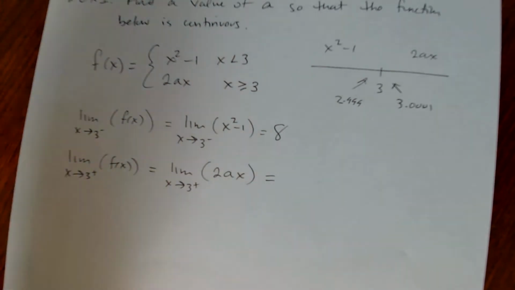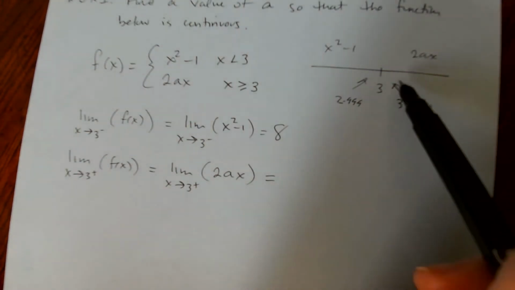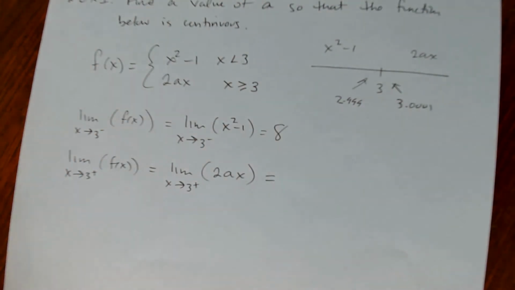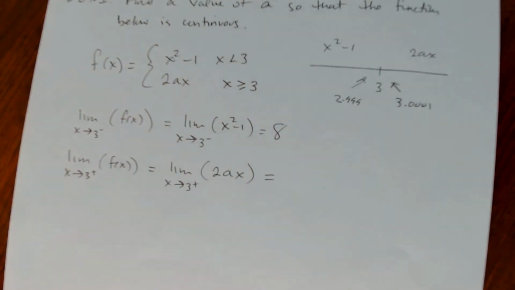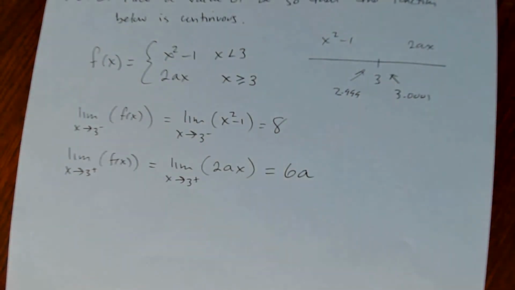Well, 2 times a times 3 is 6a. So 2 times a times about 3 is about 6a. And as we get closer and closer to 3 from the right, this expression is getting closer and closer to 6a. So that's what the limit is, 6a.